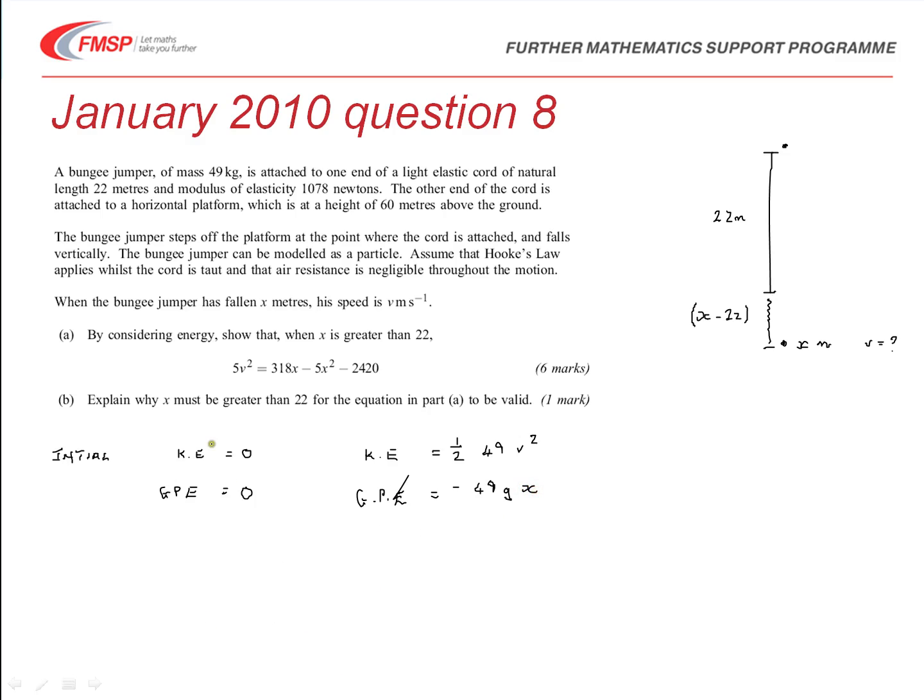And then we've also got elastic potential energy. Now for the first 22 meters the elastic potential energy is 0.